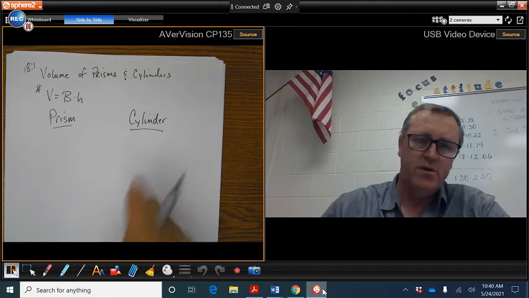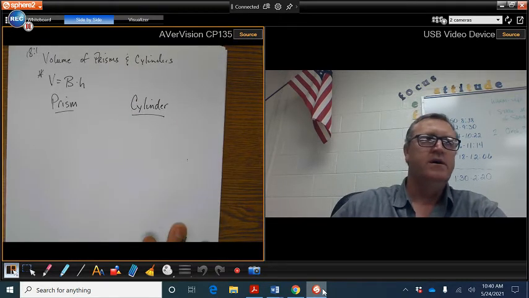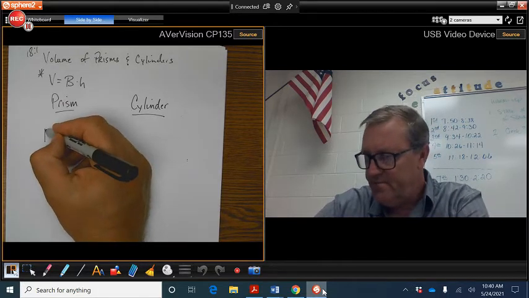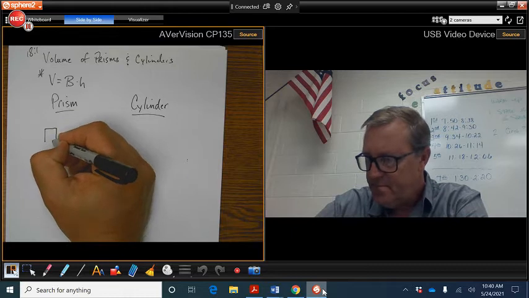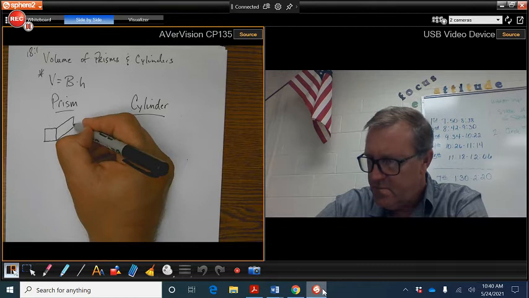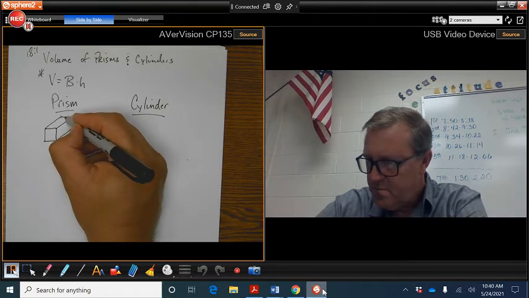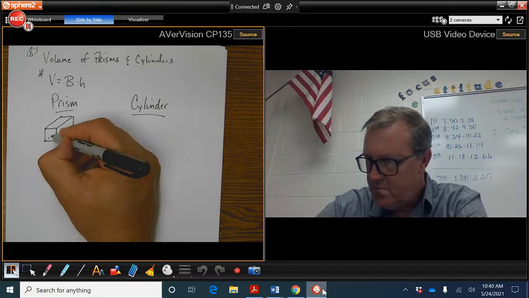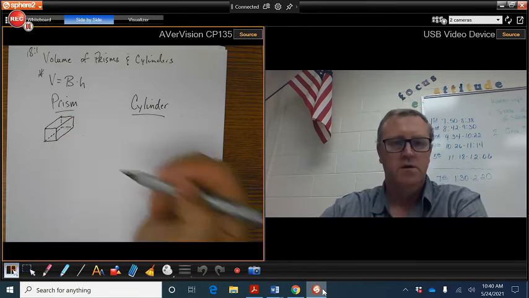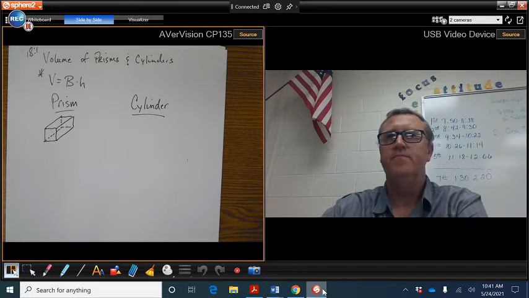If you look at the screen, I'm also going to show you the way that I draw these. I'm going to make this a rectangular prism. So there's a rectangular prism.